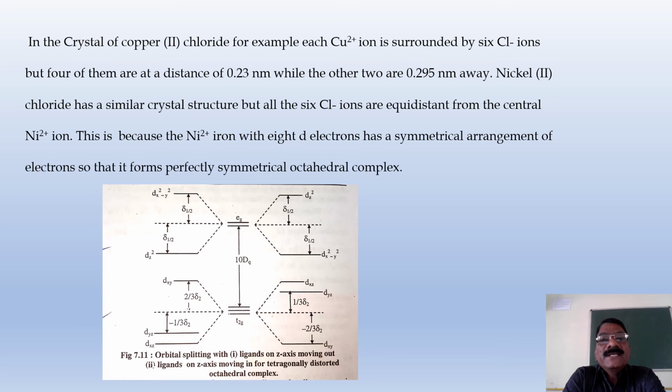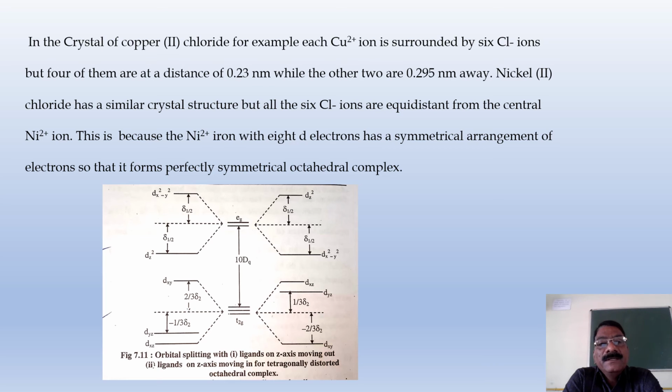In the crystal of copper second chloride, for example, each Cu2 plus ion is surrounded by 6 Cl minus ions, but 4 of them are at a distance of 0.23 nanometer, while the other 2 are at 0.295 nanometer away. Nickel second chloride has a similar crystal structure, but all the 6 Cl minus ions or ligands are equidistant from the central Ni2 plus ion.